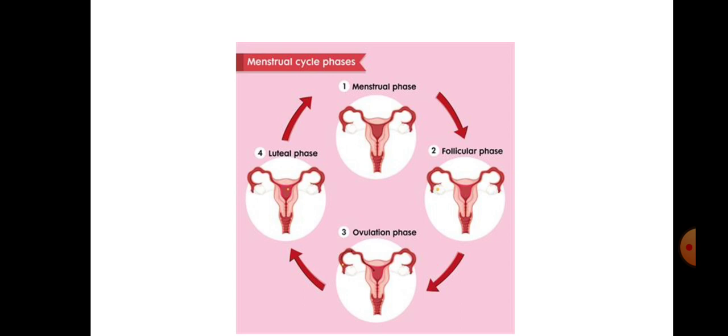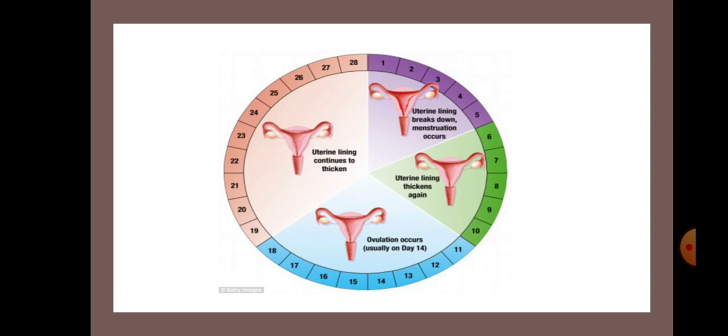First, the menstrual phase. The menstrual phase starts on the first day of the menstruation and continues until the fifth day of the menstrual cycle. It starts as the uterus sheds the inner soft tissue and blood vessels, which exit the body from the vagina as menstrual fluid.